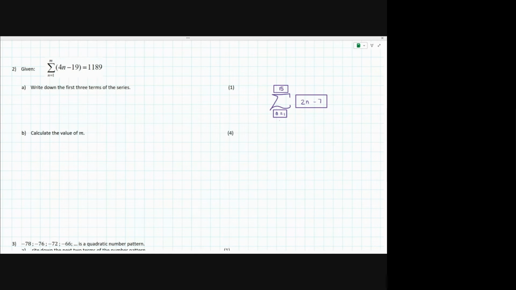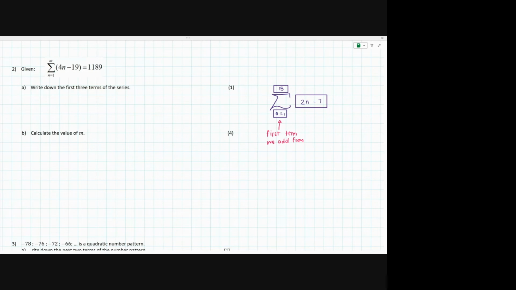So firstly, this number at the bottom means the first term we add from. So because this is 1, this is telling me to add from my first term. Term 1 plus term 2 plus term 3 plus term 4, etc. If that had been n equals 7, that's saying start adding from term 7.